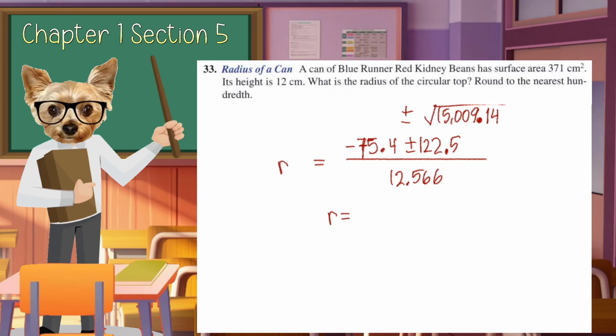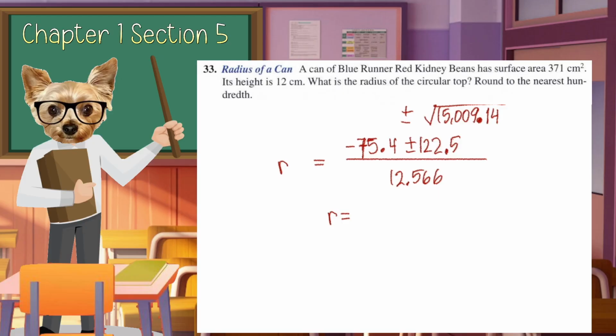So R equals, let's see, negative 75.4. So this is all being rounded. Obviously, if I was using a more legitimate calculator than the one on my iMac, this would be different. But I have 75.4, make it negative, add 122.5, hit equals 47.1, divided by 12.5.